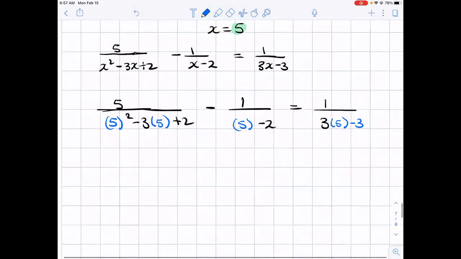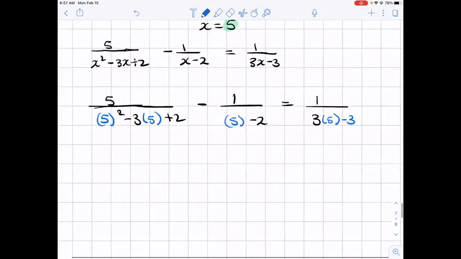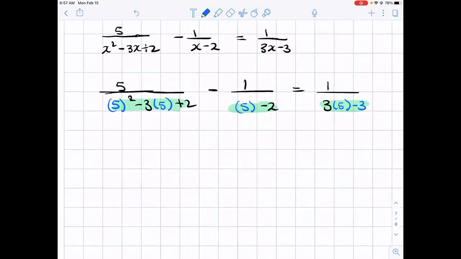And all we care about right now is whether any one of the denominators becomes 0. That's all we care about.